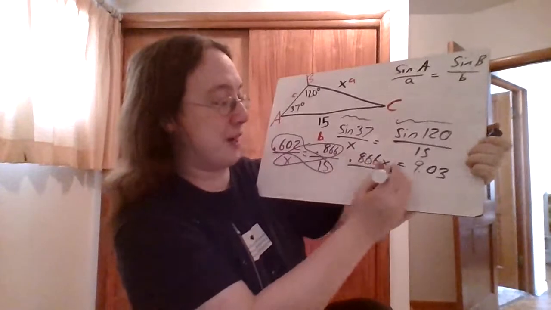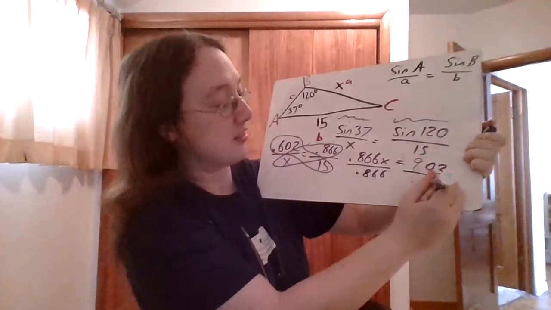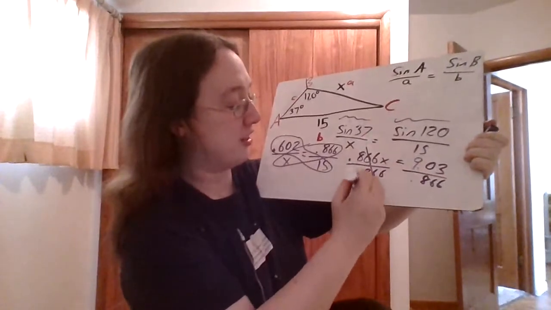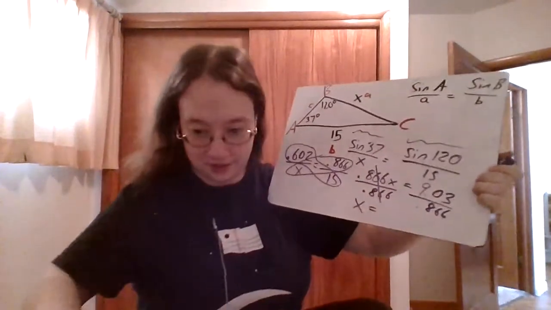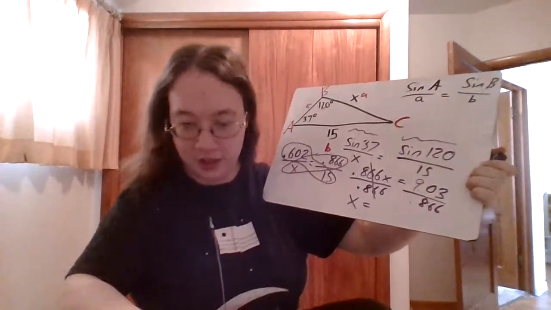And then we can just divide by that 0.866. And we've got 10.4-ish.